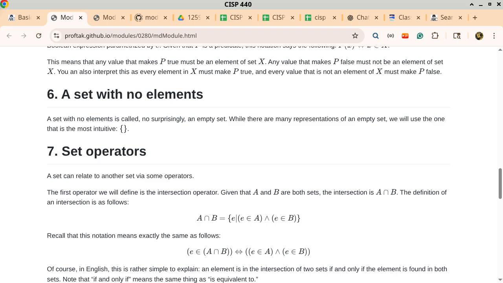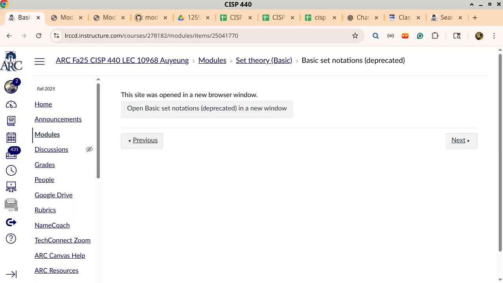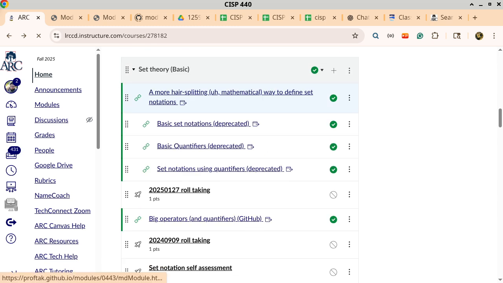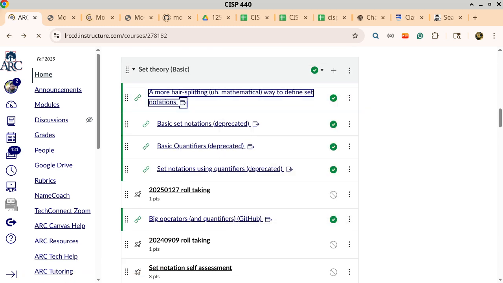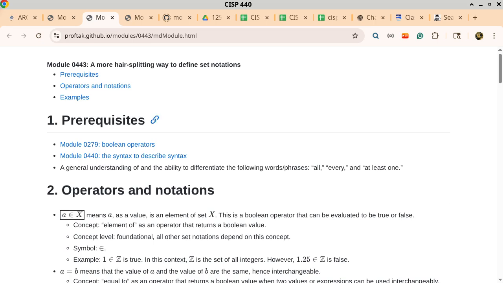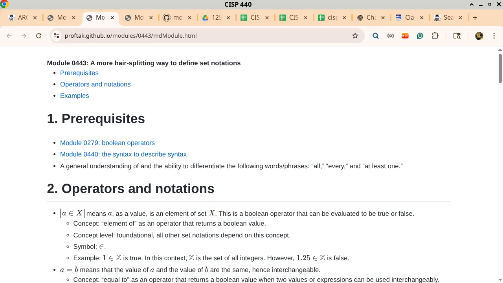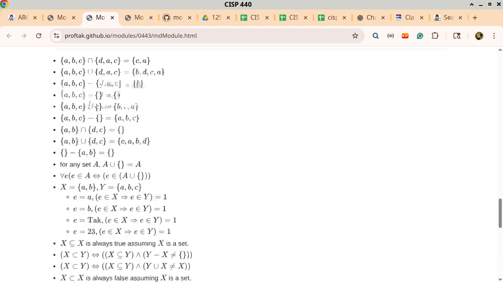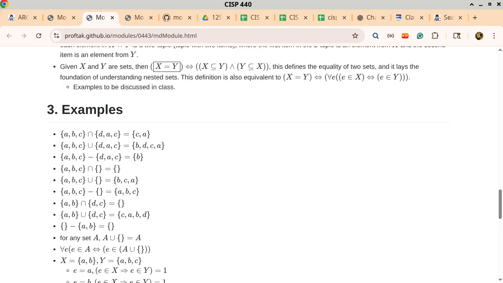Looking at the time, we only got 5 more minutes. So I'm going to switch back to the hair splitting one. The reason why I want to get back to this one is because this one also has examples. So you actually get to see the examples of the intersection.